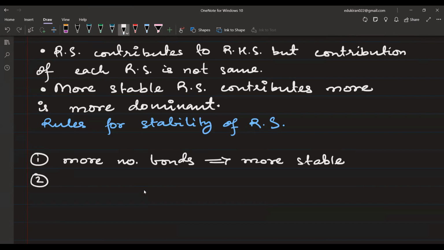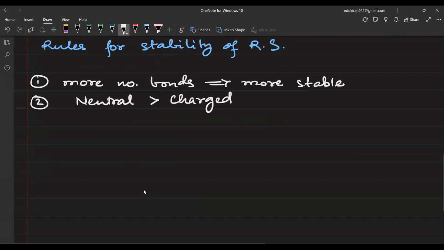Second, neutral resonating structures will be more stable than charged ones. Okay, neutral obviously, because if you don't have any charge, it is more stable.